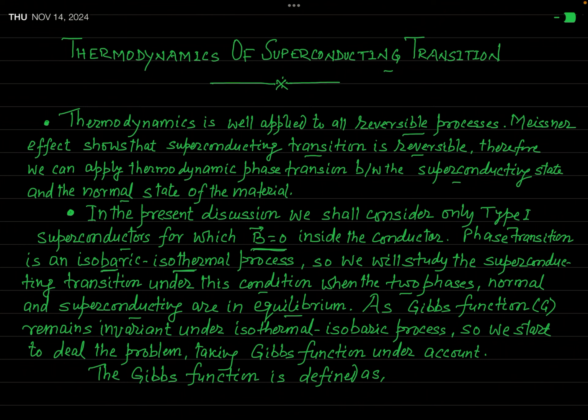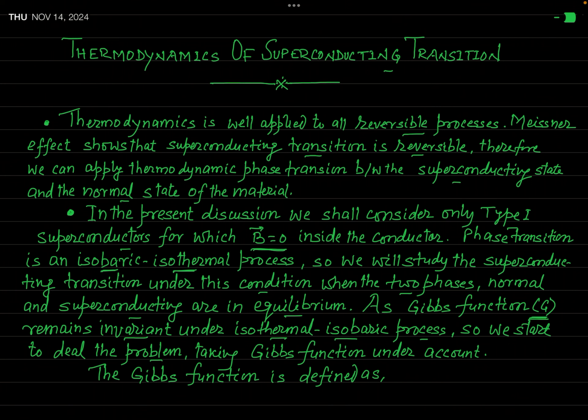One of the most important thermodynamic potentials or functions is the Gibbs potential or Gibbs free energy function, and it is denoted by the symbol G. And you know, this Gibbs function remains constant during an isothermal isobaric process. And since any phase transition takes place in isothermal isobaric condition, this Gibbs free energy function is the most suitable candidate to deal with the problem of phase transition.